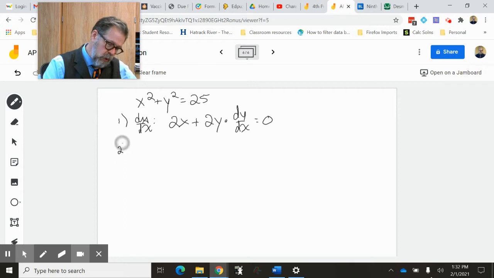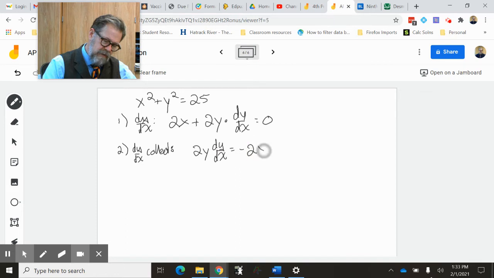Step 2, I'm going to get the terms with dy dx on one side. I'm going to collect them. So I'm going to have 2y dy dx on this side. I'm going to have negative 2x on the other side. If I needed to at this point, I could factor out the dy dx's, but in this case, I only have one term, so I can skip that and I can solve for dy dx.